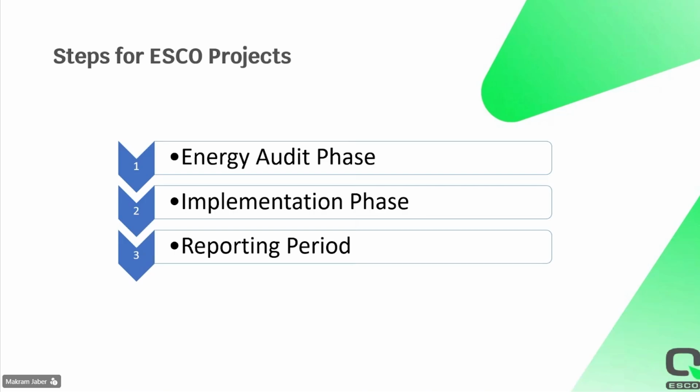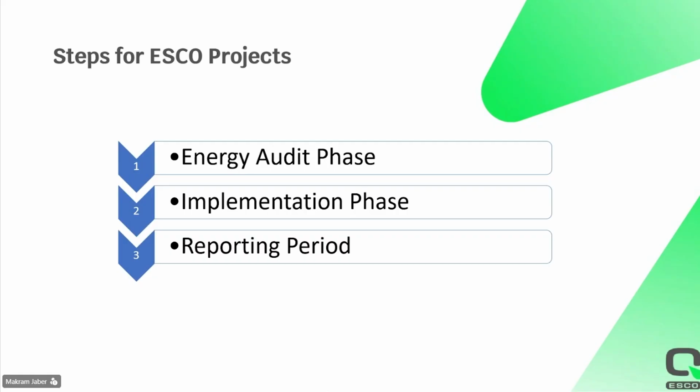So we will replace the chiller. Usually the energy audit phase takes around 2-3 months, up to 4 months. The implementation phase can take up to 1 year to deliver the products and install them.